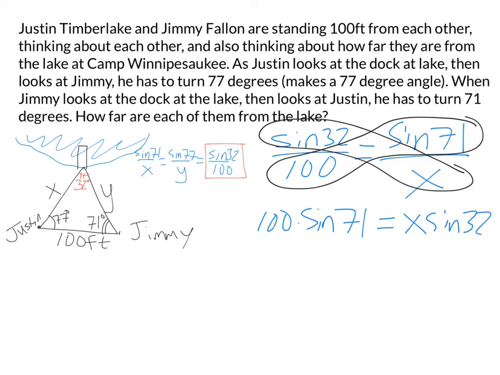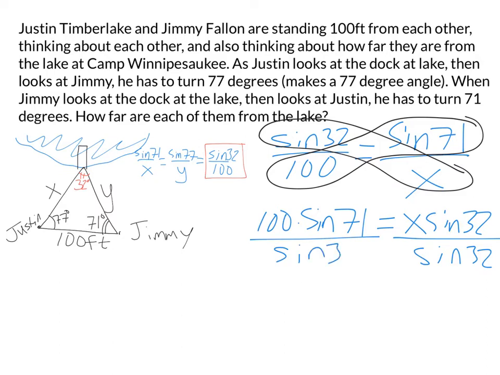Now if I type in 100 times the sine of 71, I end up with 94.55. Cool. But how do I solve for x? Well, I need to divide by sine of 32 to get x alone.